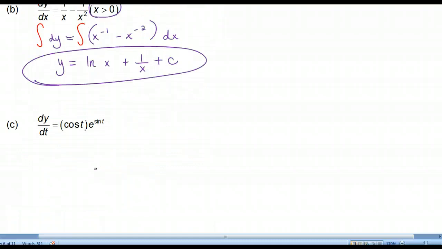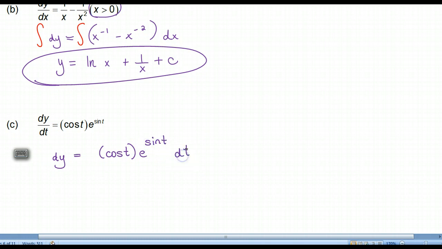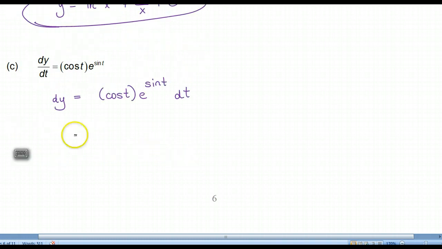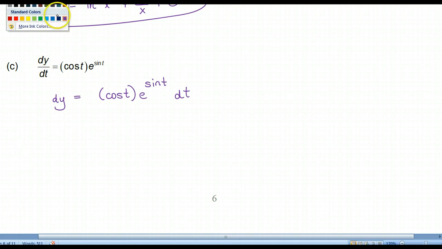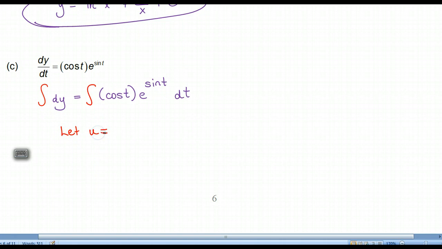All right, this one. We can separate the dy and the dt. This time it's a dt. We have to substitute. So when we go to take the antiderivative, I'm going to do the integral sign first. And then I'm going to say, let u equal sine t.